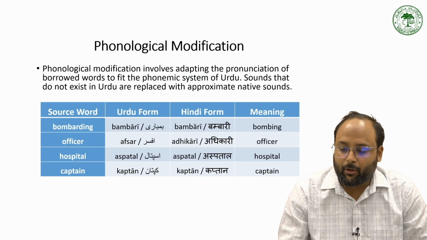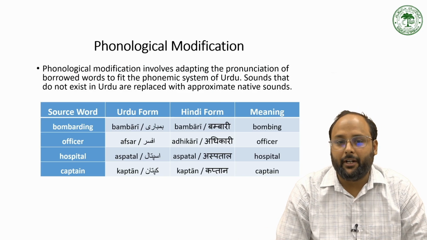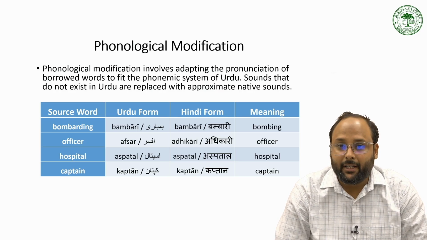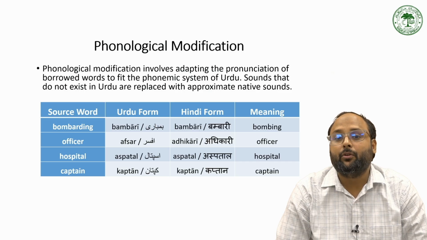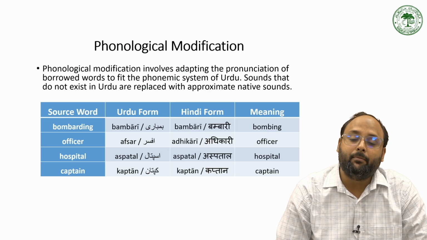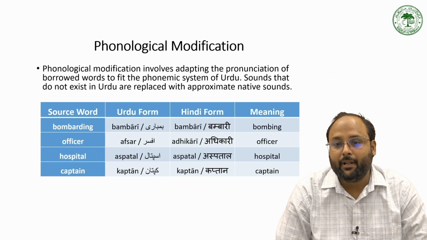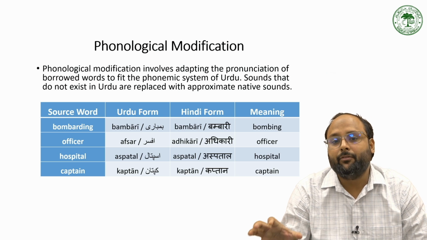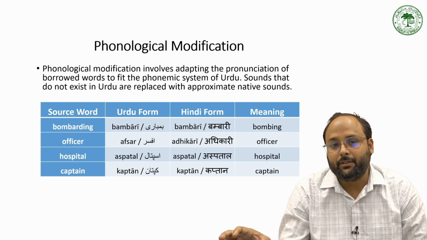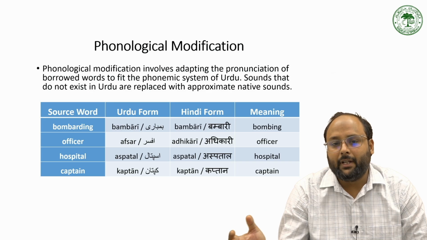So we have borrowed a word like bombarding, and bombarding becomes bombari in our language. That is called phonological modification. We could not pronounce it the way the foreign language does, like in English we pronounce bombarding, but we just adjust it through phonological modification in our languages. We replace some sounds, or modify some sounds, according to our language.